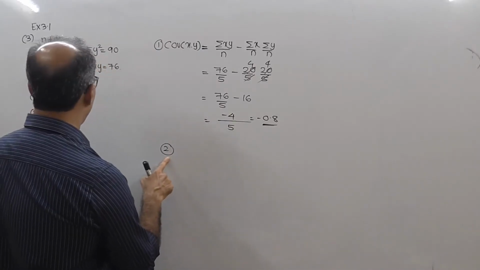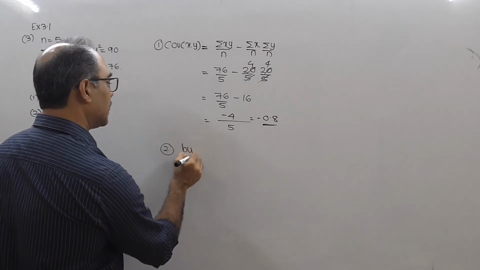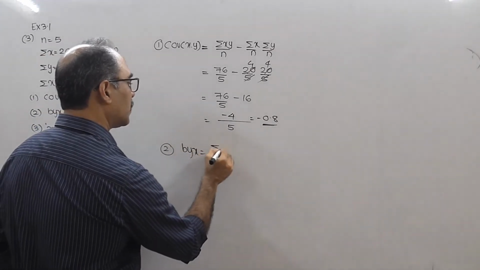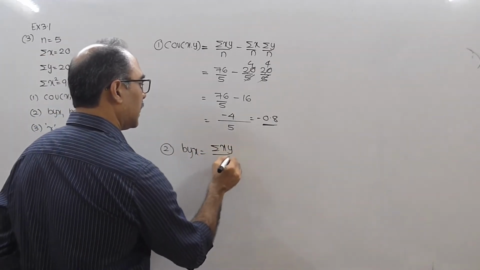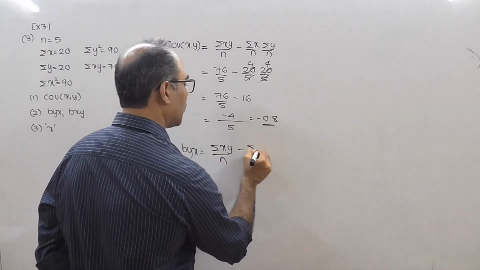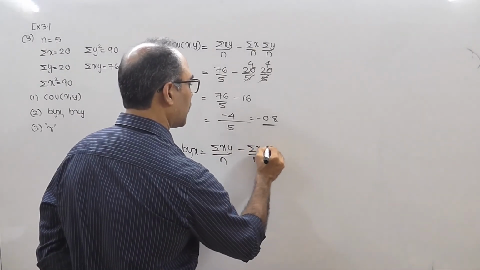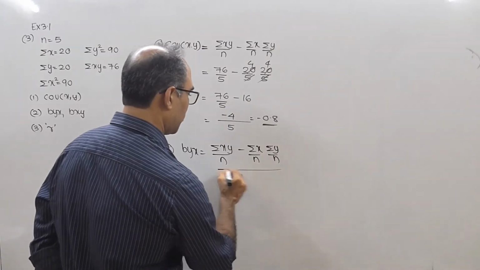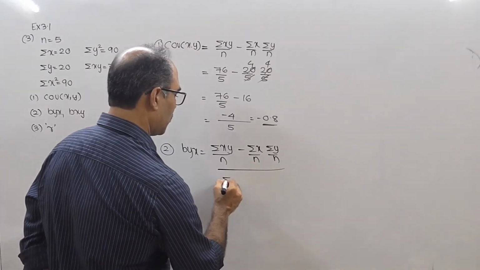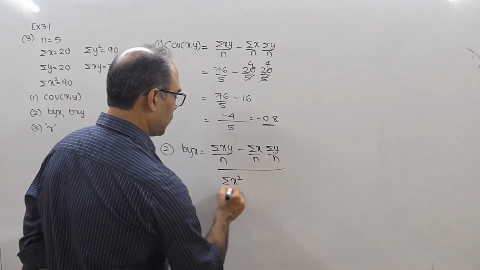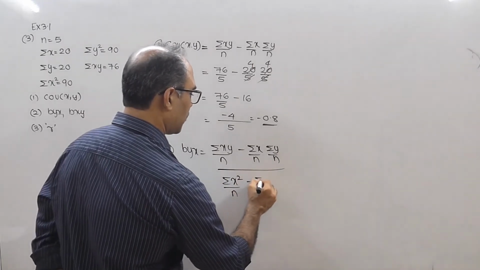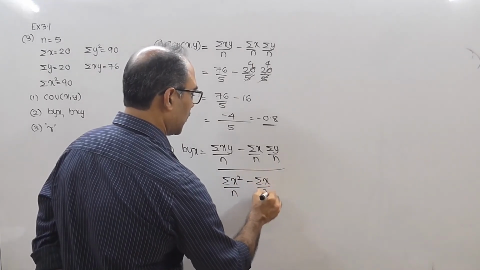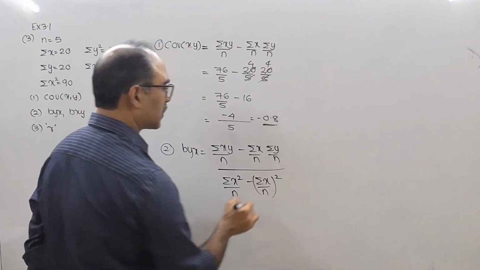Second part of the sum is we have to find byx. So I will say that byx equal to sigma xy upon n minus sigma x upon n into sigma y upon n, the whole upon sigma x square upon n minus sigma x upon n the whole square.